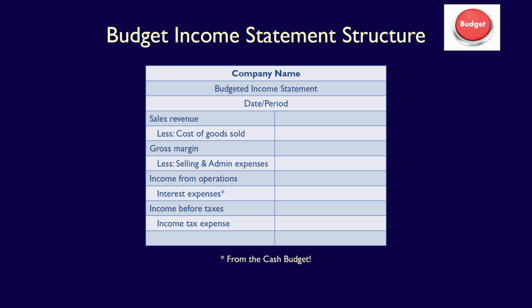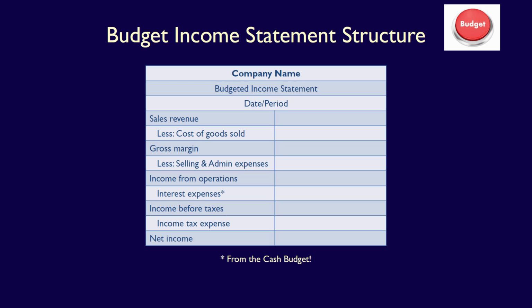We then deduct the income tax expense, which is calculated as the income before taxes multiplied by the organization's tax rate. Income before taxes minus income tax expense is equal to net income, also called net earnings or profit. This is the standard structure for a multiple-step income statement, which you should recognize from your introductory financial accounting courses.